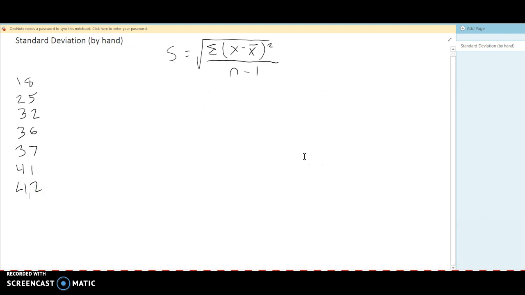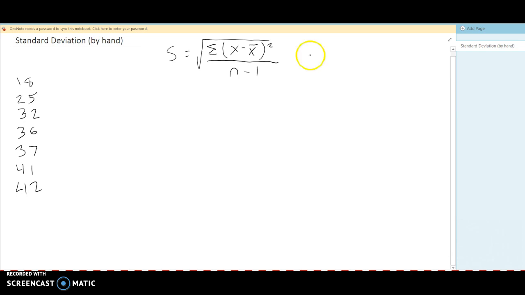All right. So I've written down all my data values, and I actually went ahead and put them in ascending order. Makes it a little bit easier, especially if I'm doing other things like finding the median or the mid-range or something like that.